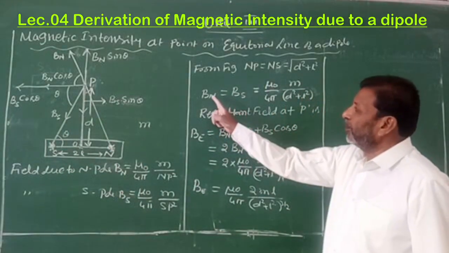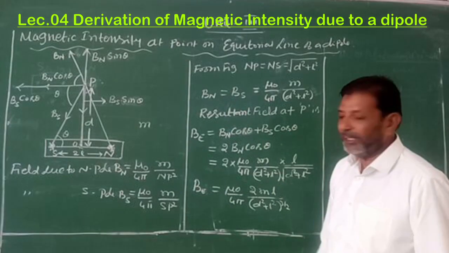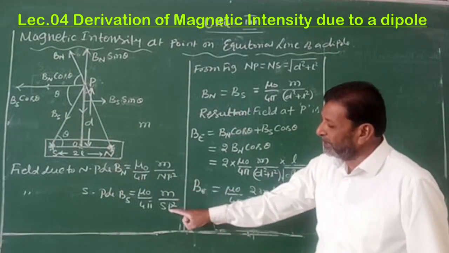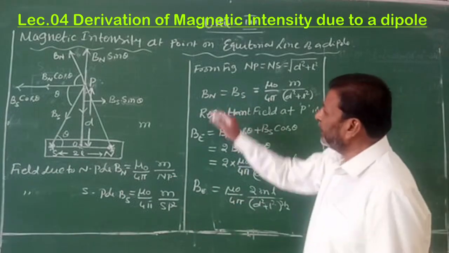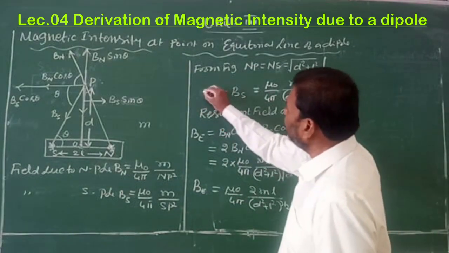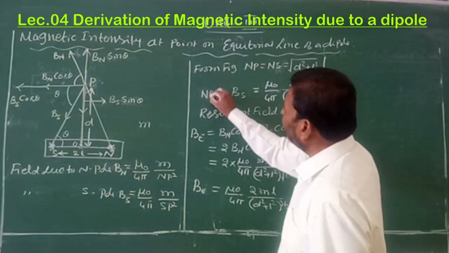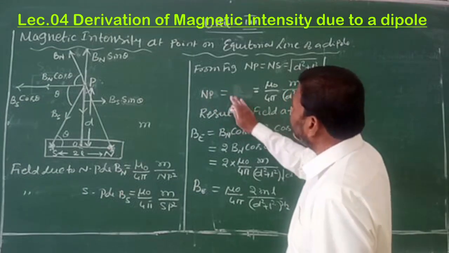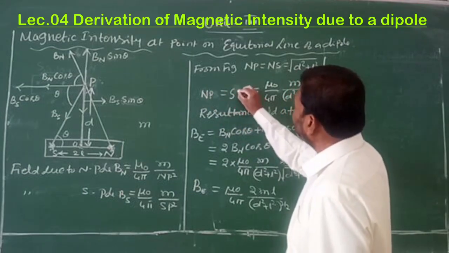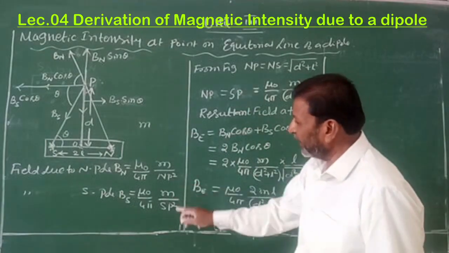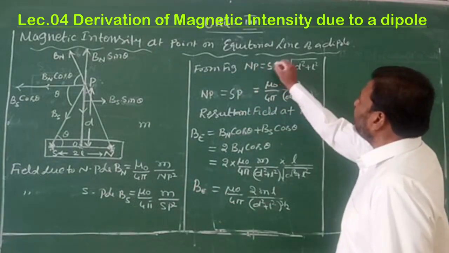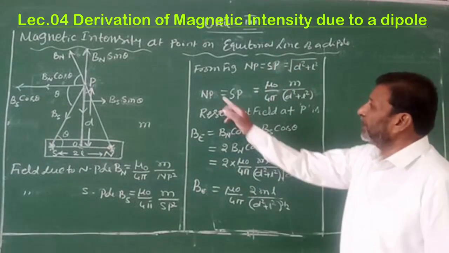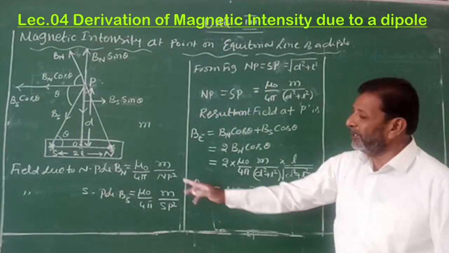Now, since Bn is equal to Bs, isn't it? Sorry, not Bn, it is NP, and SP. NP square, SP square. Now here NP value is equal to SP value, isn't it?